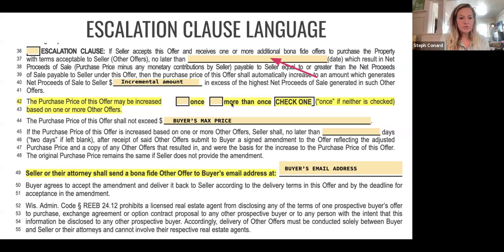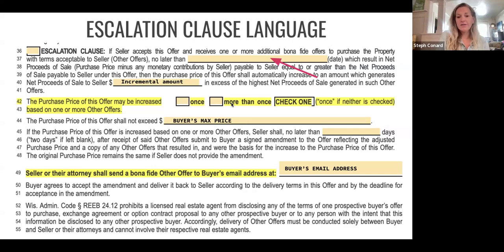I want to go back to the purchase price. Okay, bumping once or more than once. So this is where, in the escalation clause, it gets muddy. Buyers and sellers have an opportunity to bump these prices either once or more than once.